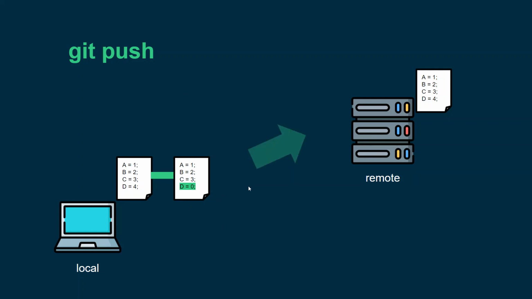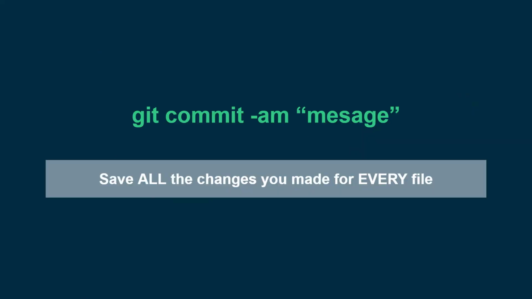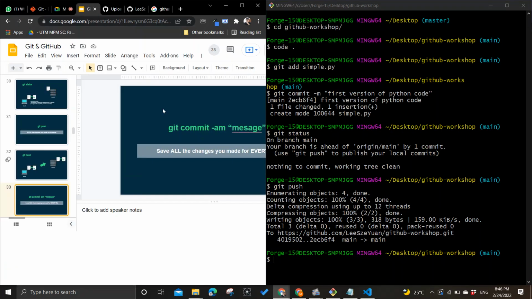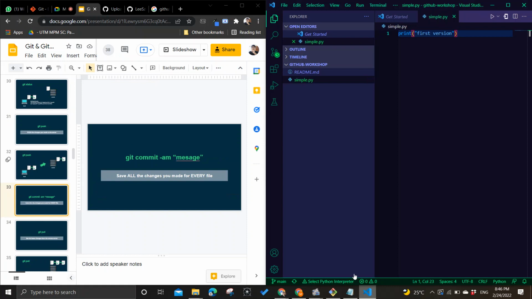Okay, so next up, I want you guys to step the level up a little bit. Maybe you have multiple files you created. Never mind. Okay, so what if you have created like 10, maybe 100, maybe 1000 files? I'm not joking. Sometimes you are using a framework.